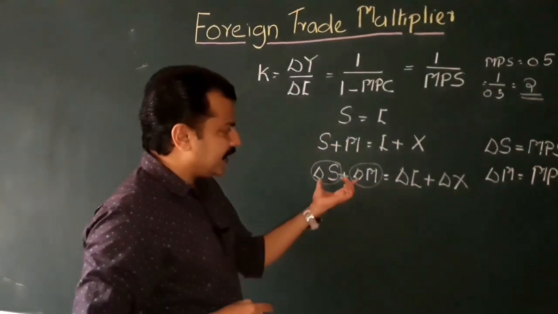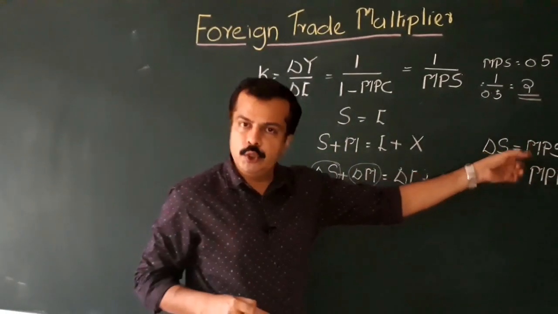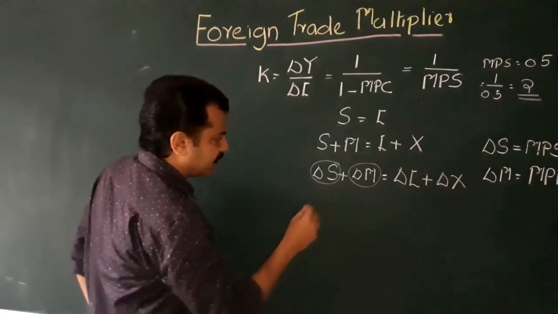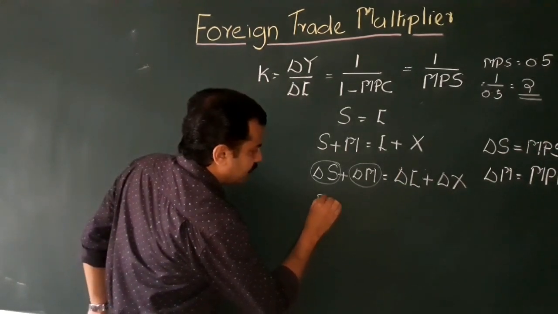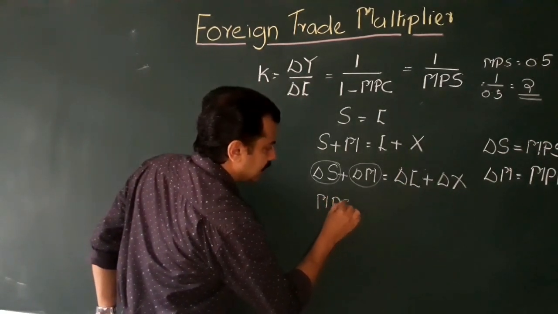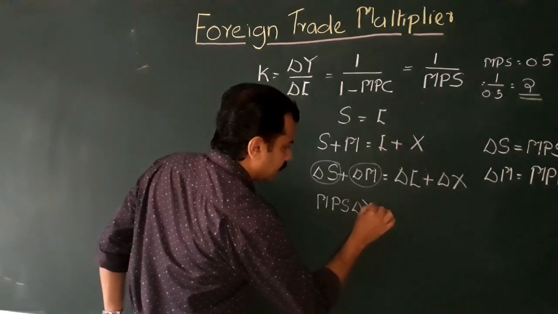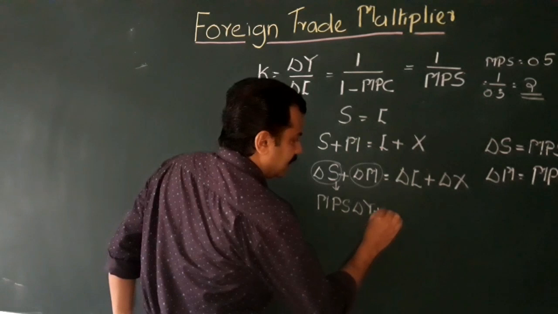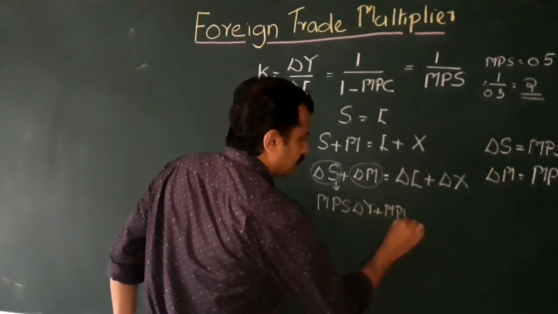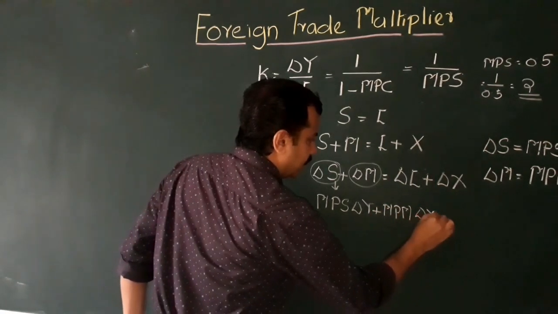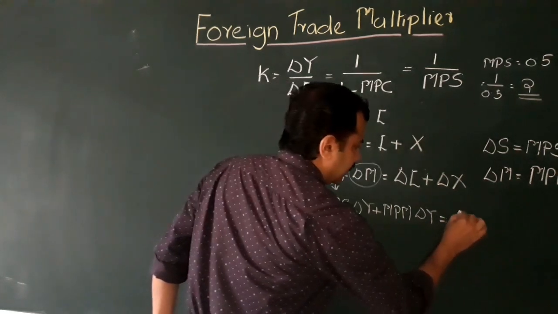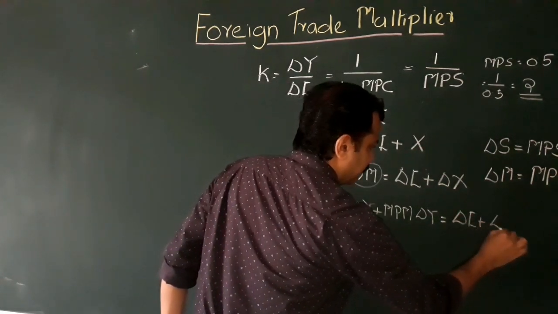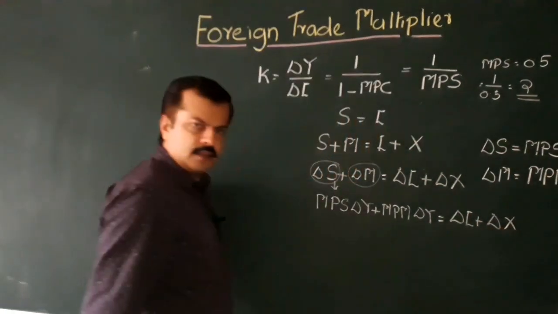Now let us replace these two concepts with our new equation. Then we have MPS into delta Y, which is nothing but the delta S, plus MPM into delta Y, will be equal to changes in investment plus changes in export.